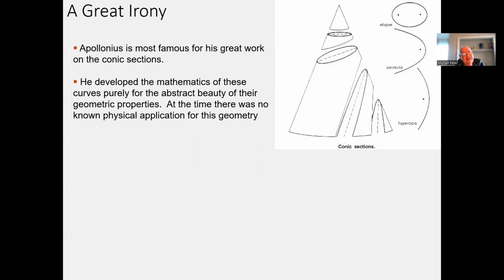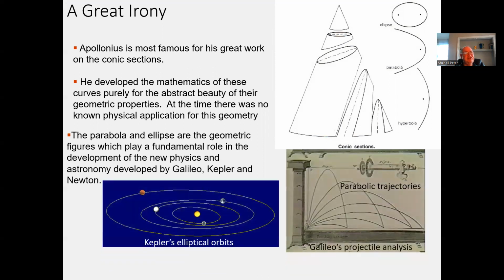What the great irony is, of course, is that those are exactly the curves that the scientists of the scientific revolution needed to analyze the work that they were most interested in. Turns out that the motion of the planets, as we know, are ellipses going around the sun. And the whole notion of free fall, the motion of projectiles, inertial motion, and understanding moving into the laws of motion of Newton, the work of Galileo, is all based upon the parabola.